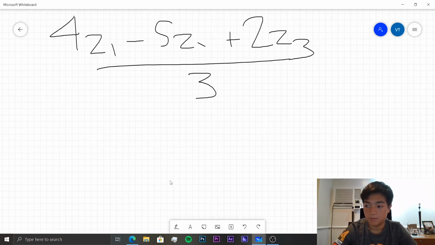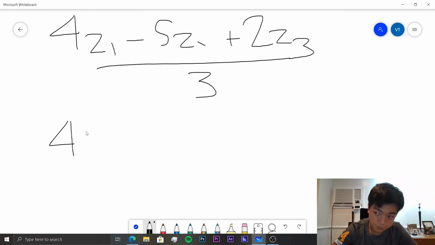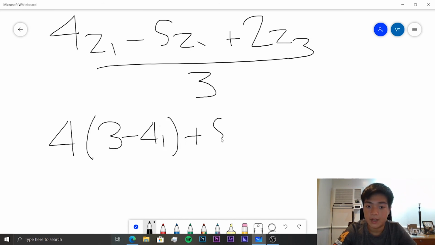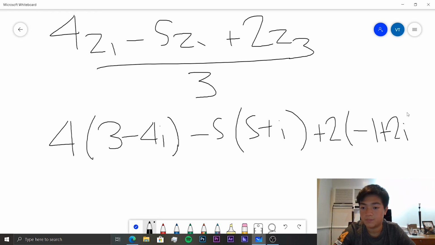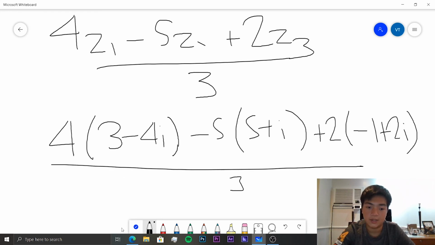So this would be equal to 4 times (3 minus 4i) minus 5 times (5 plus i) plus 2 times (negative 1 plus 2i), all over 3.